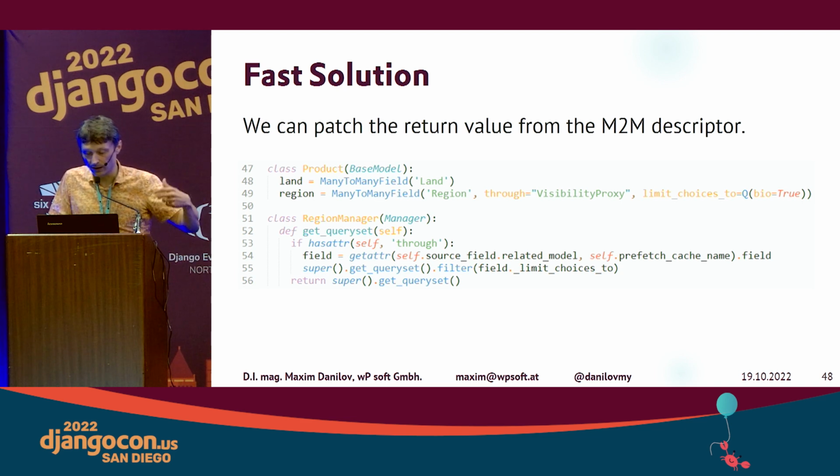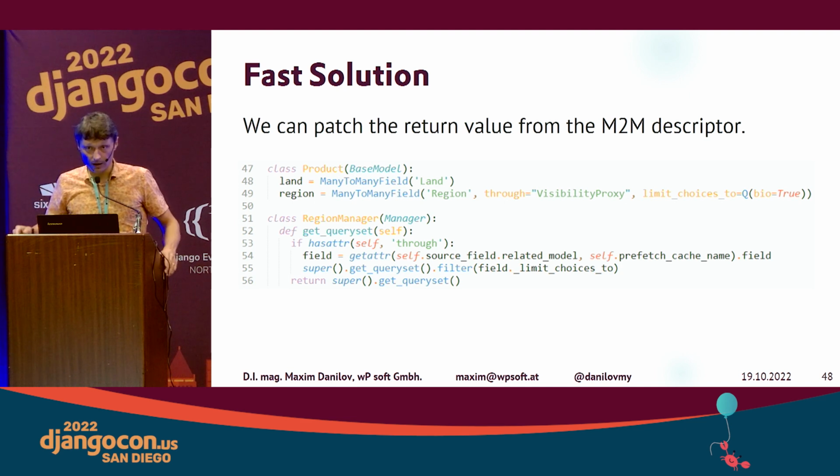We can take from this field limit_choices_to, and we can filter our result with limit_choices_to. But don't forget, it's important. If you use prefetch_related, we don't break prefetch_related results. That's why I check before if something was prefetched, I leave it without changes.